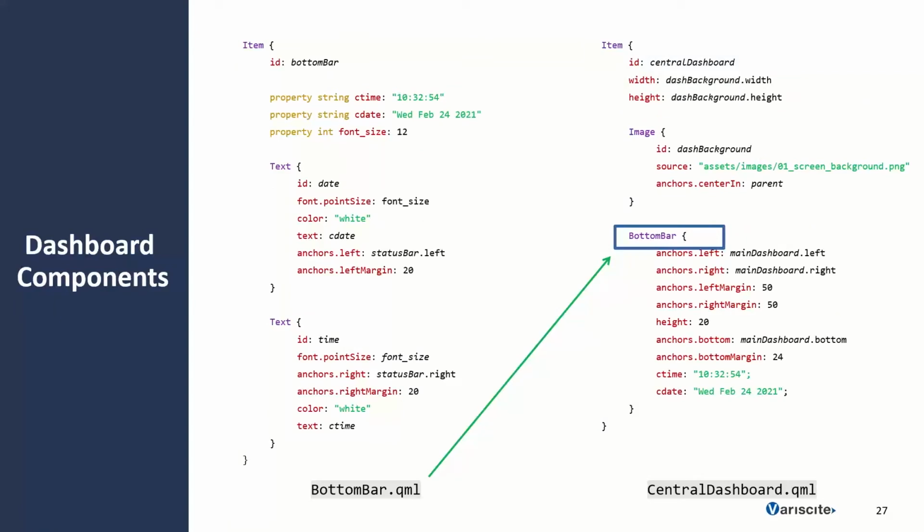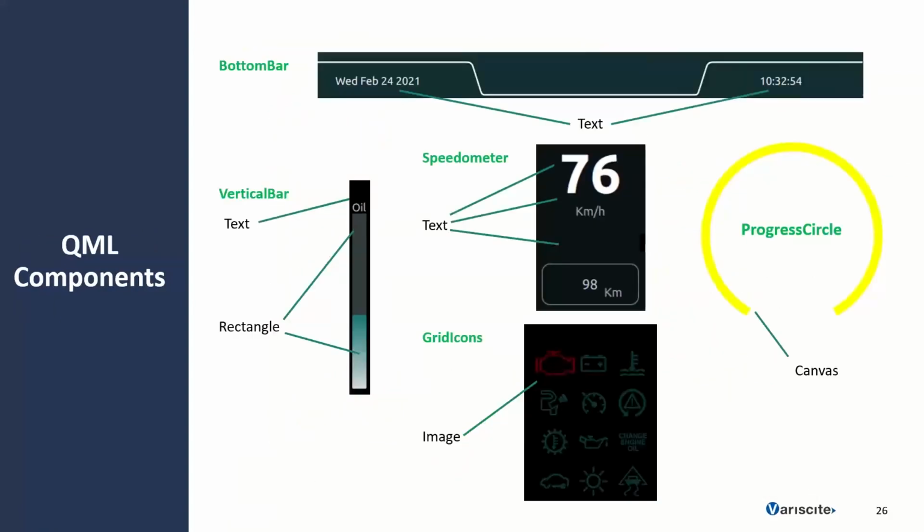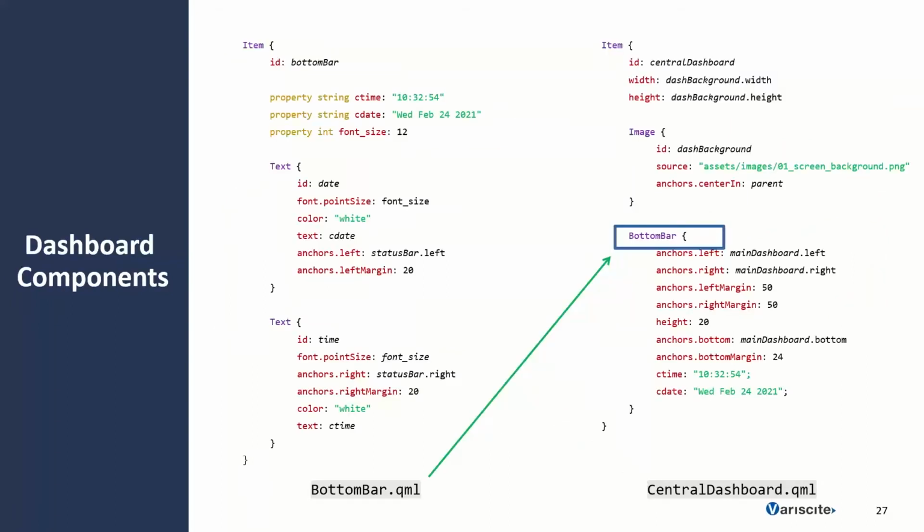Let's start from the bottom bar. The bottom bar, you can see it in the top side, has the two texts that need to be rendered. So let's go here and try to identify. We have the properties, the strings that define the time and the date.